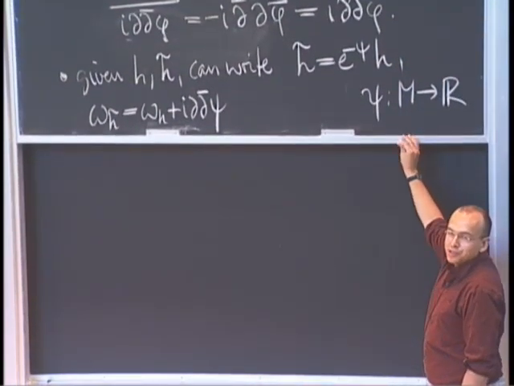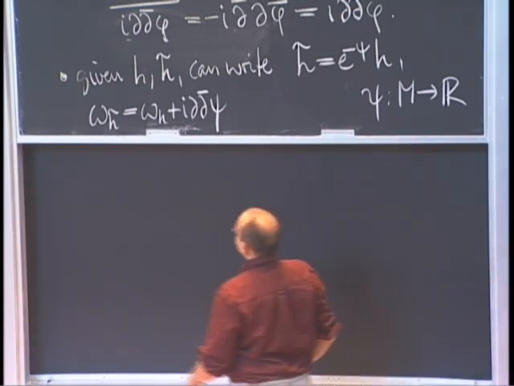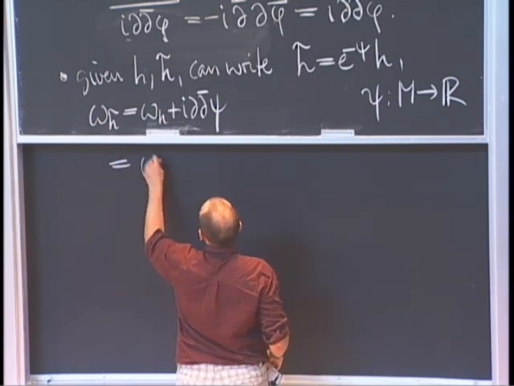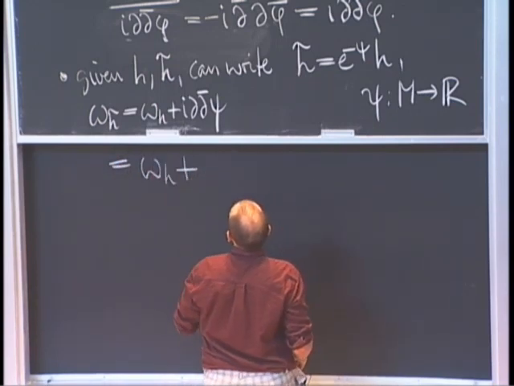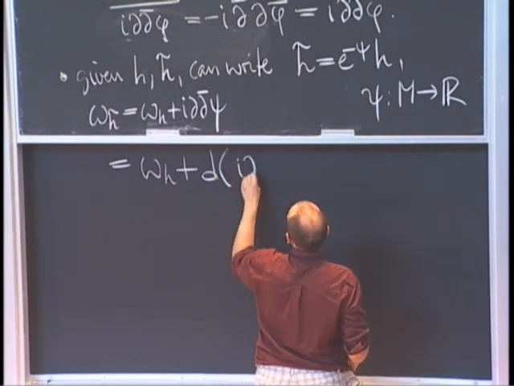So the form changes by del bar of some scalar valued function, and that's exact, right? You could write this as omega h plus, I don't know, d of i del bar psi.